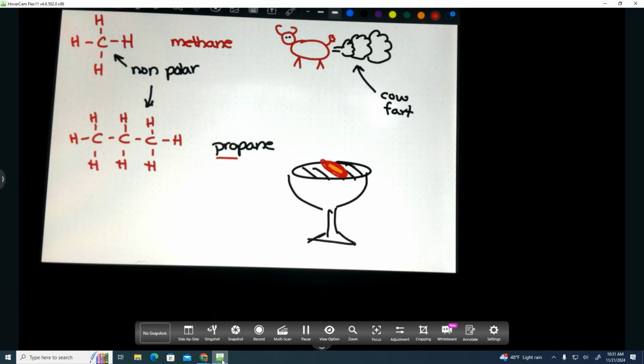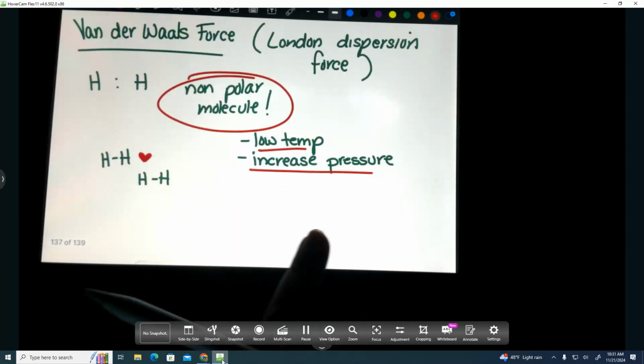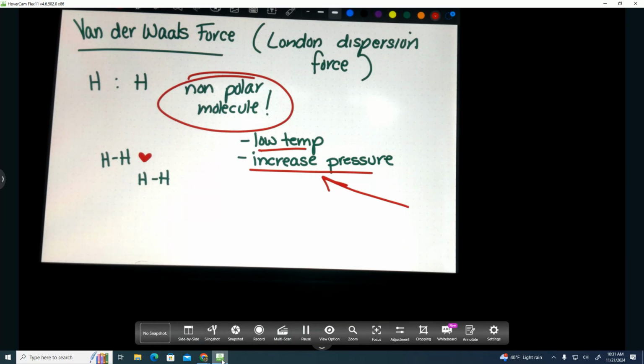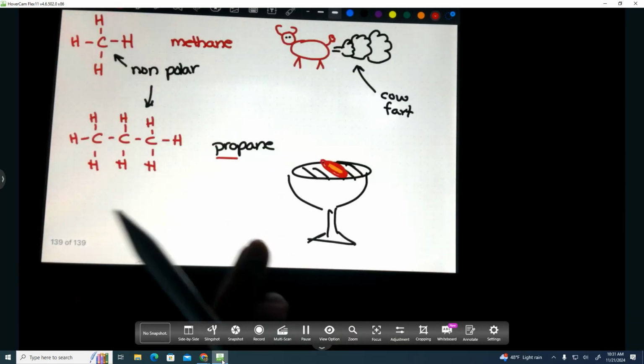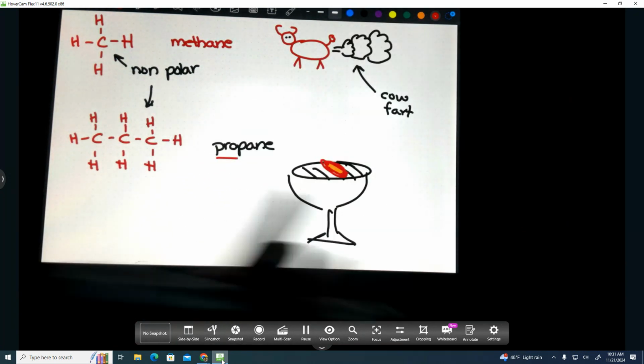Why is it liquid? They pressurize it, don't they? And then as soon as you go home and you open the top, all the gas comes out in the form of a vapor, a gas. It comes out because it doesn't want to be near each other. All right, one more.